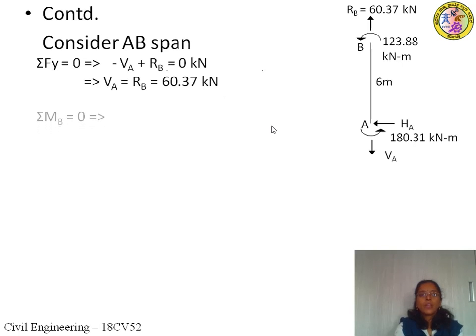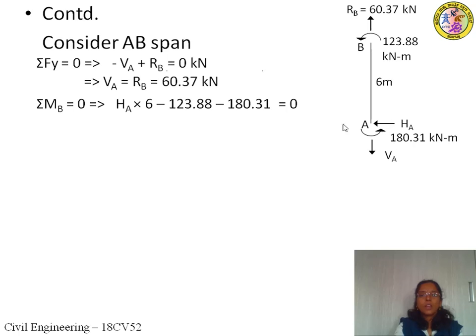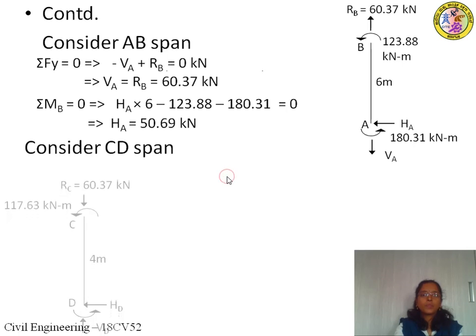Next, take moment about B and equate it to 0. That gives HA into 6 minus 123.88 minus 180.31 equals 0, which gives a value of HA as 50.69 kilonewton.